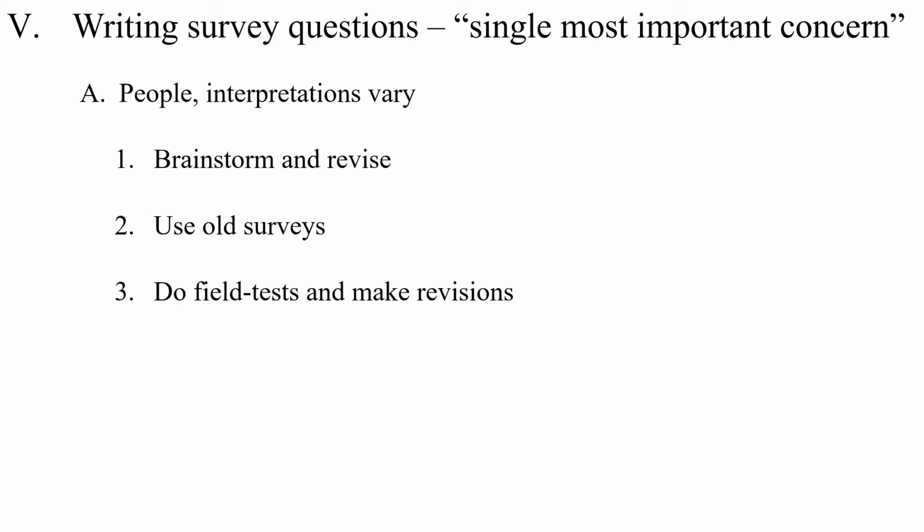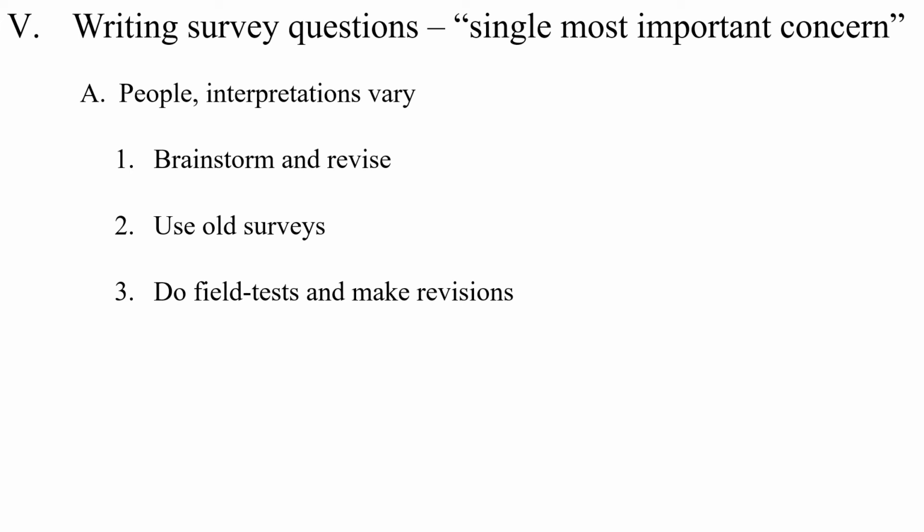You see the process very clearly in writing survey questions. So the thing to do is write your questions and do a field test. Ask people. And you're not using the data that you collect. You're asking a few people, and then you interview them about how they thought about the question.